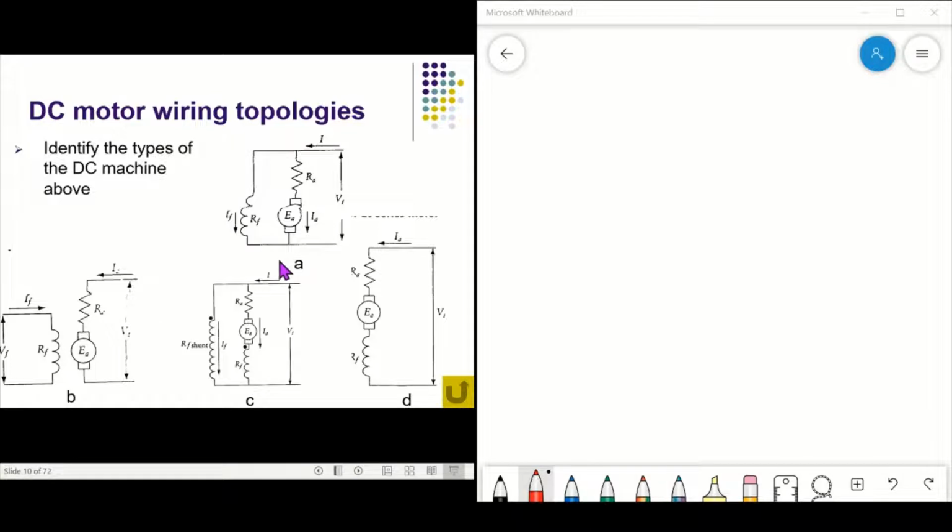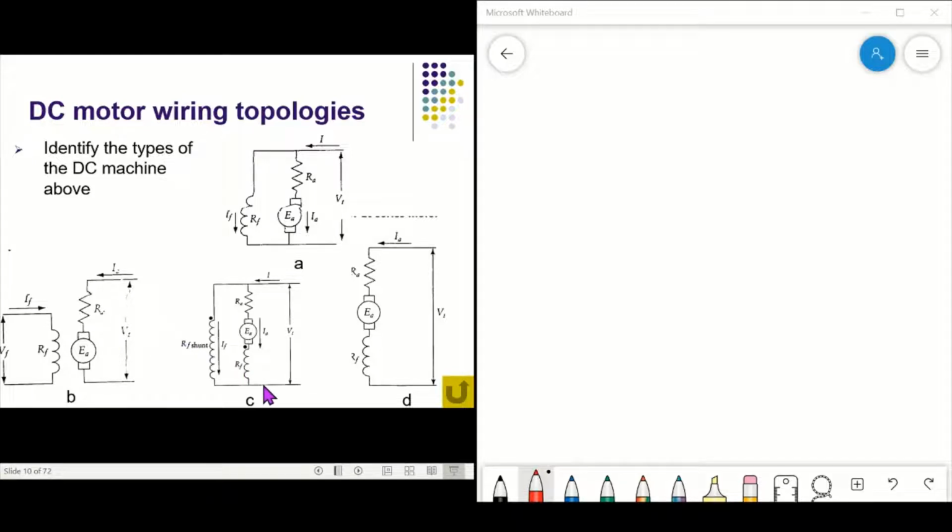Figure A is the shunt DC motor. Figure B is the separately excited DC motor, where the field winding and armature winding are separate.